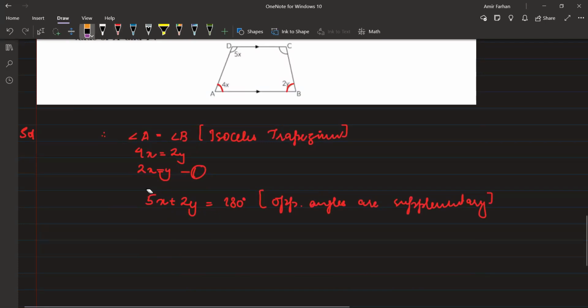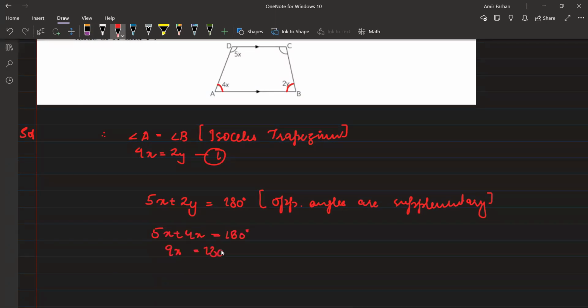Because there is 2y, don't take the common. Let's directly use this equation, because 2y will be equal to 4x. So 5x plus 4x is equal to 180. So it is 9x is equal to 180 degrees. So x will be equal to 20 degrees.